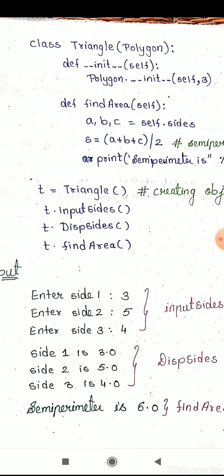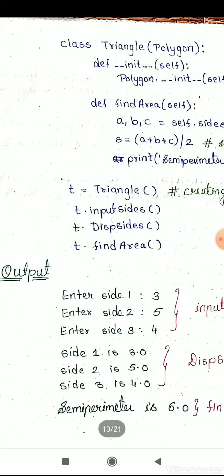Now the important thing comes: creating an object. If I want to access the 2 methods of the parent class, you may say create the object of the parent class, right?